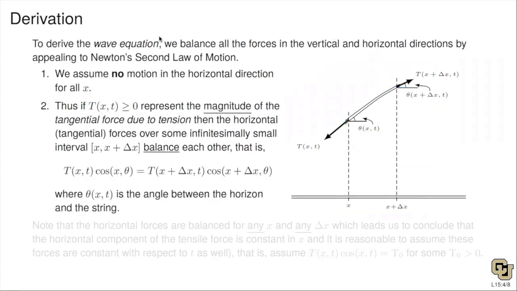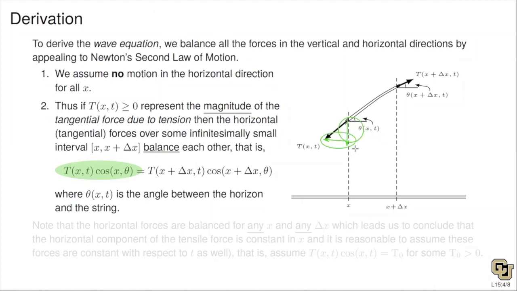So T times cosine of the angle gives us the tension in the horizontal direction. You can break this into these two little pieces, and then just using trigonometry, you can find the lengths of these.